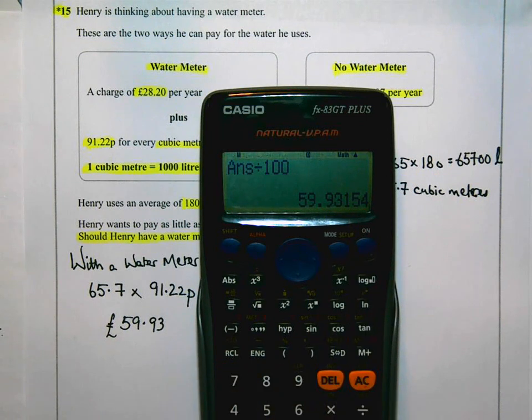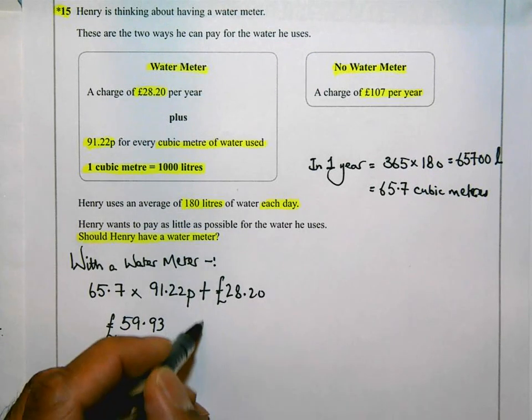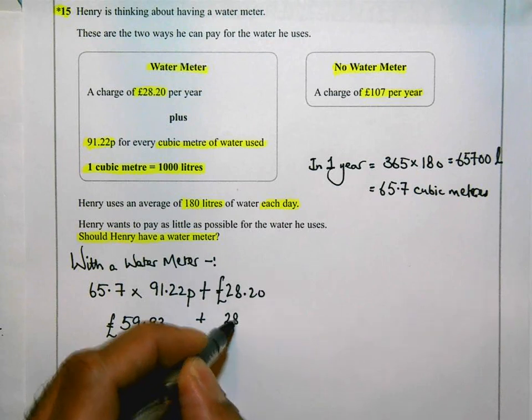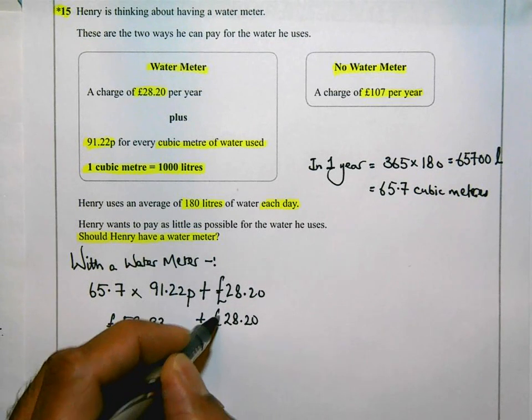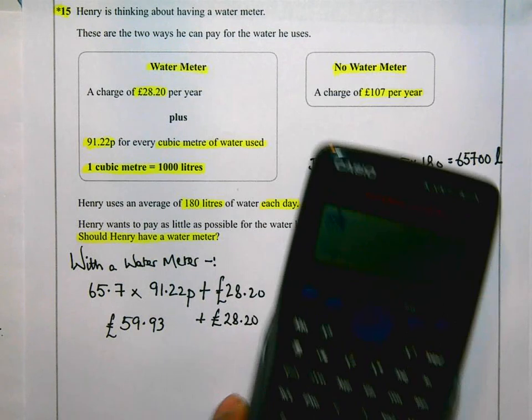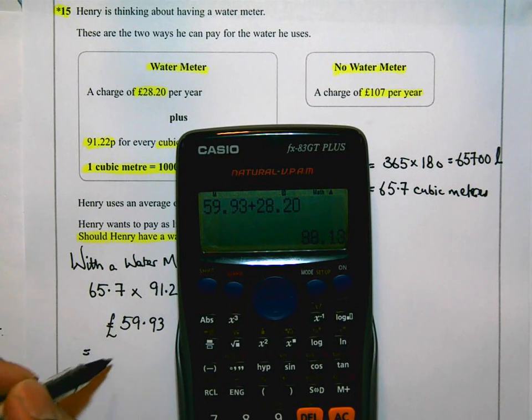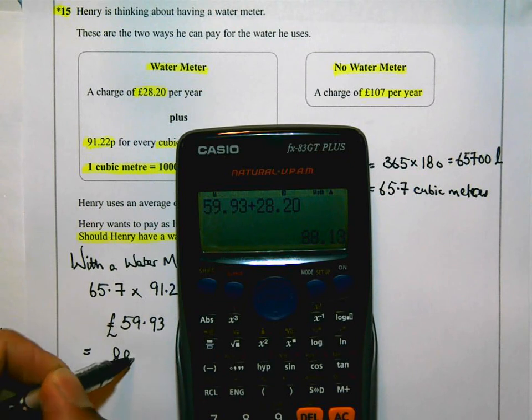I'm going to add on to that the £28.20 that he pays for a charge. £59.93 plus 28.20, and that tells me that altogether it's going to cost him £88.13.